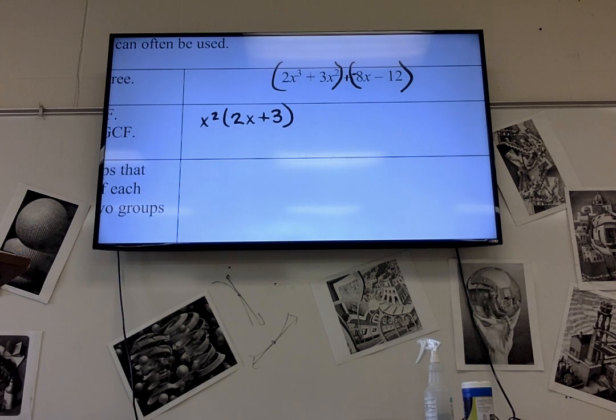Notice how I squeezed in that negative by that 8. It was a minus, so I just made it plus a negative. That way I knew to factor out a minus. But it would be okay as long as you put that 4 in with the minus sign. So factor out a negative 4. That leaves me with positive 2x plus 3.